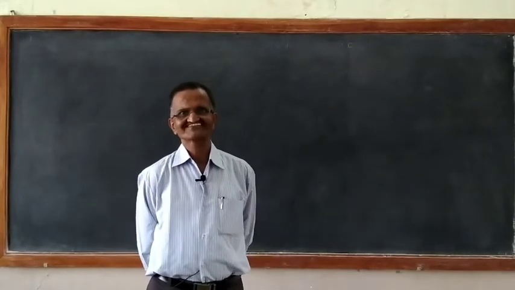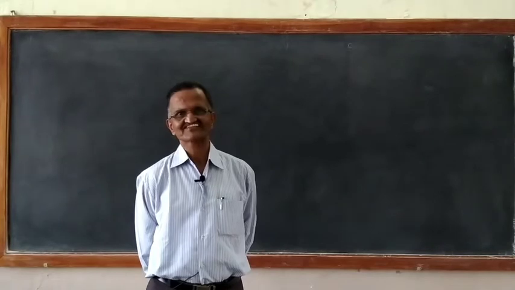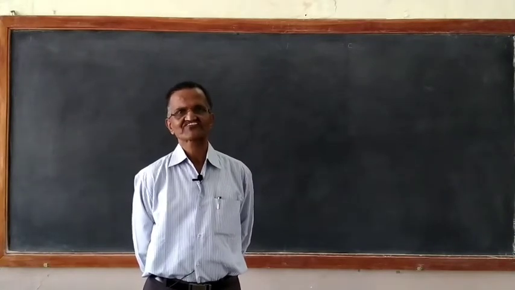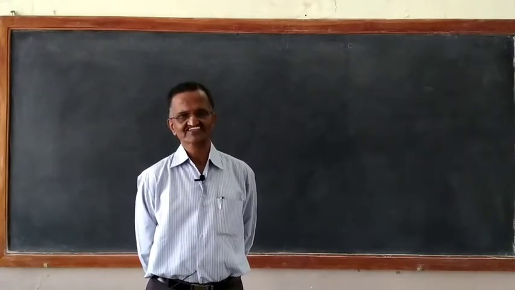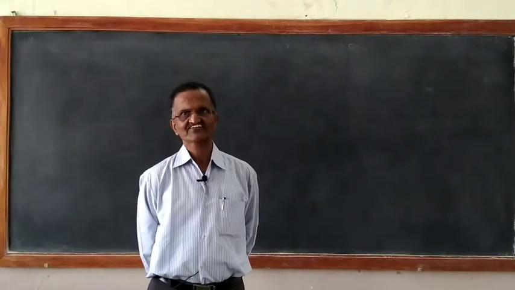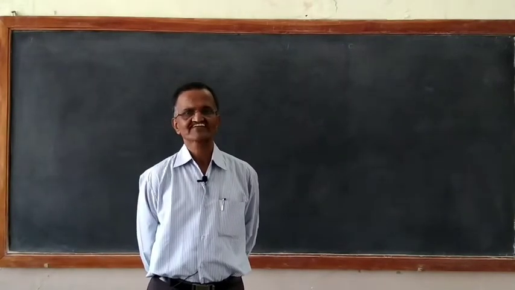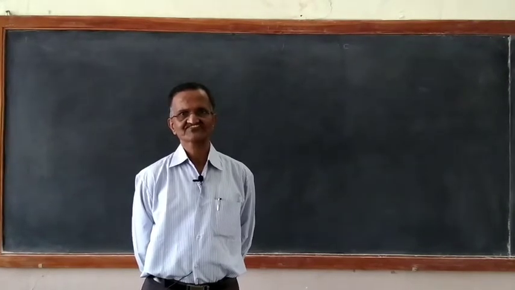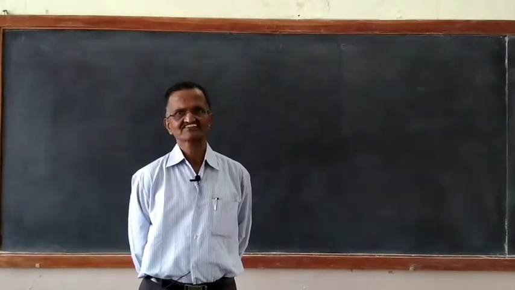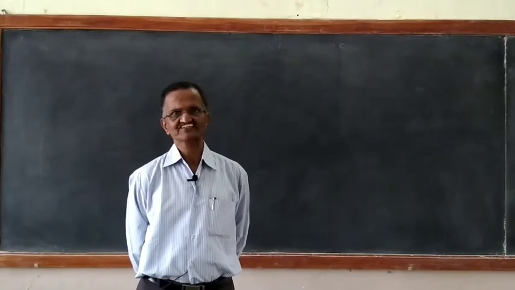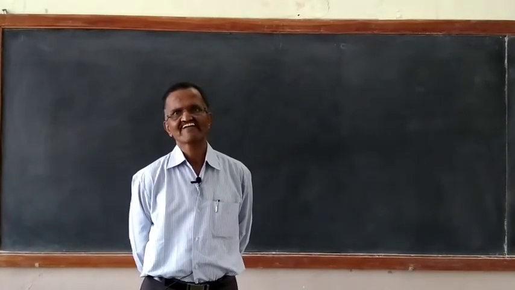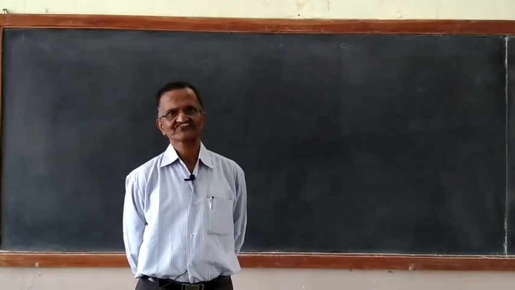Welcome back. We are with electrochemical cell, calculation of EMF of a cell without constructing the cell, and we talked about standard hydrogen electrode, and we talked about oxidation potential, reduction potential, and then what is the direction of flow of electrons.